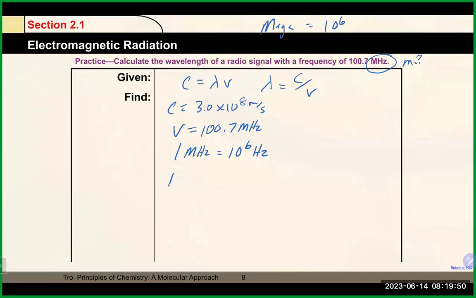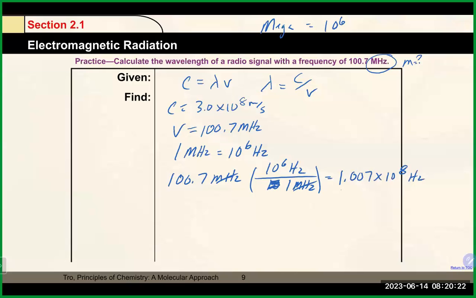And that means that if we take our 100.7 megahertz and multiply by 10 to the 6 hertz per 1 megahertz, our megahertz will cancel, and we will end up with 100.7 times 1 times 10 to the 6th, which is going to get us 1.007 times 10 to the 8 hertz.